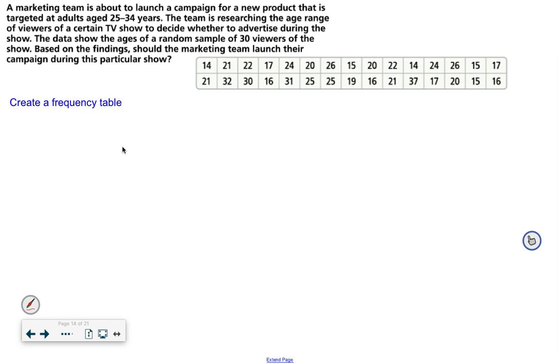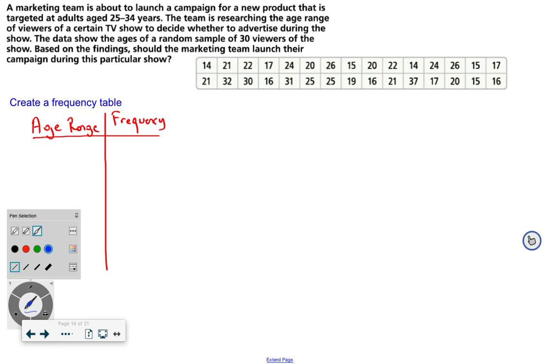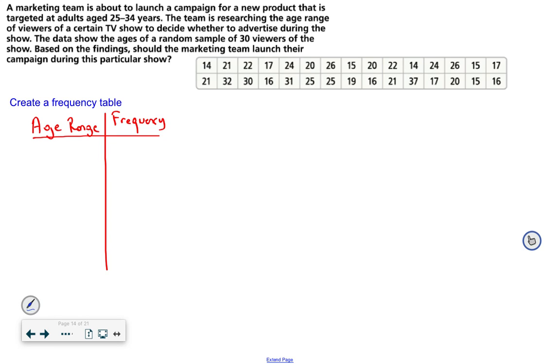Let's create a frequency table. I am going to have age range and frequency. As I explained in the definition of the histogram, you need to determine an appropriate range of the data.